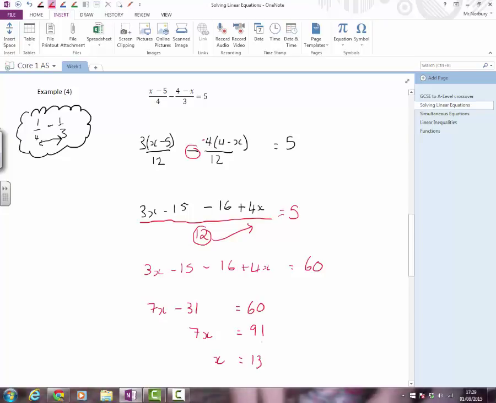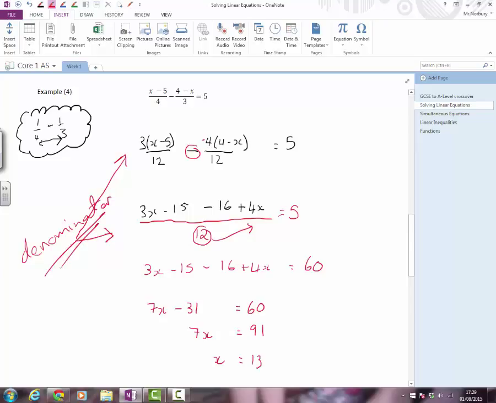So, although it looked horrible, the hard bit was getting the denominator the same. So I'm hoping that you can see that bringing these two together was the hardest part, getting the denominator the same.